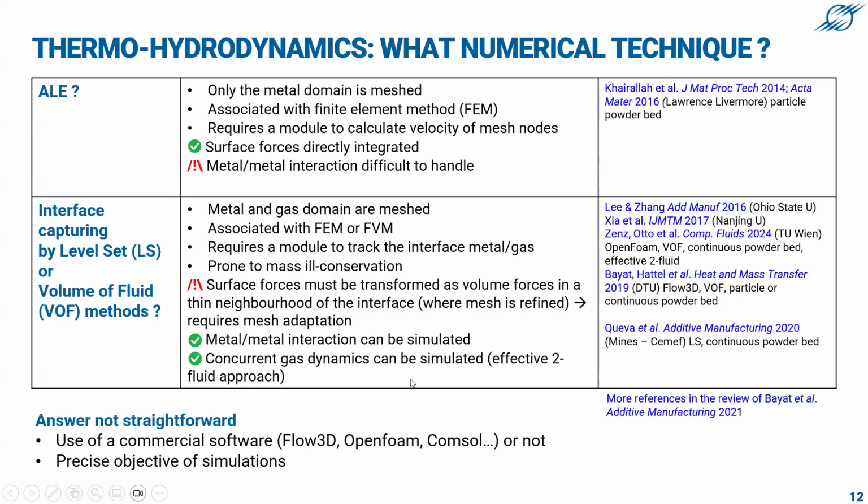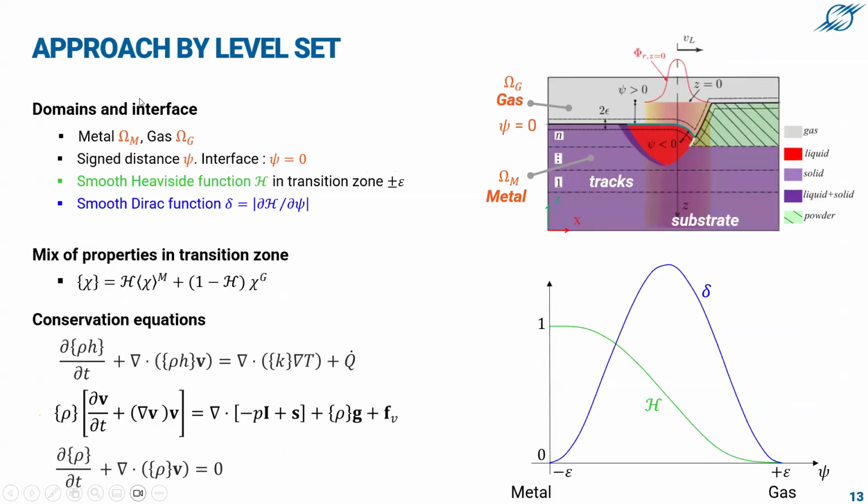Okay. Well, I give you an overview on this slide of what is an approach by level set. So level set, you have a reference function, which is assigned the distance to the interface. So the interface is psi equals 0. By this function, you can distinguish within a single mesh what is the gas domain and what is the metal domain.